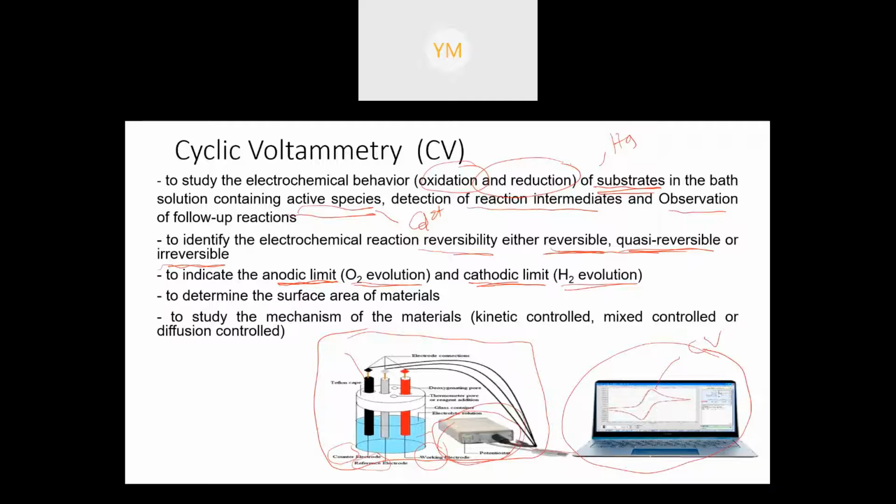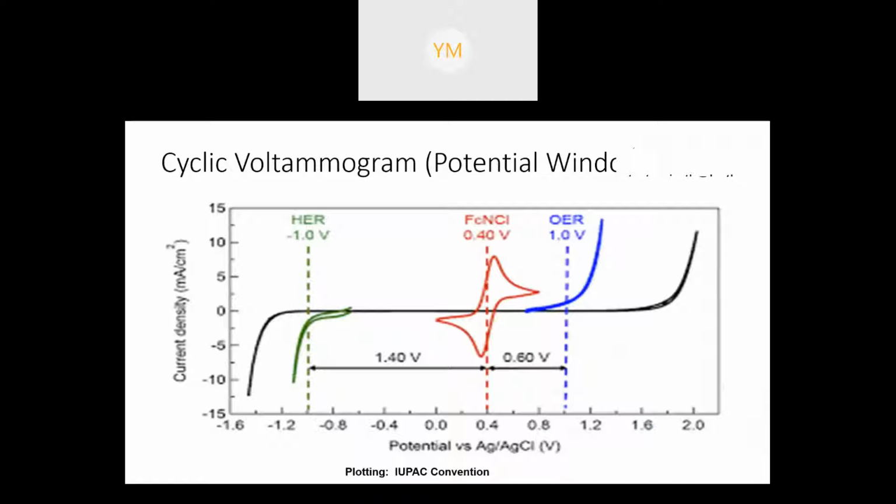Okay, next. This is an example of the limit. The blue color is the limit on different materials. For example, this is on mercury, and this is on gold. If you compare these two, the limit on mercury has a large overpotential for oxygen evolution.